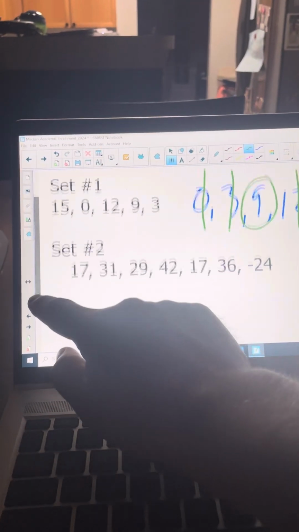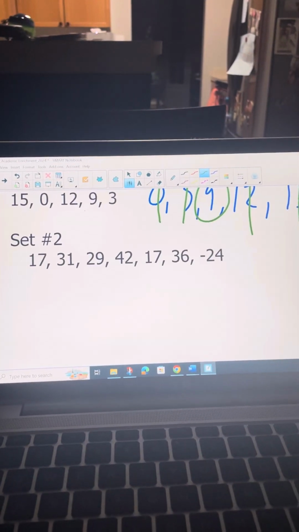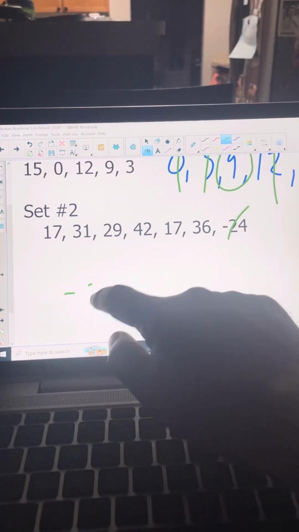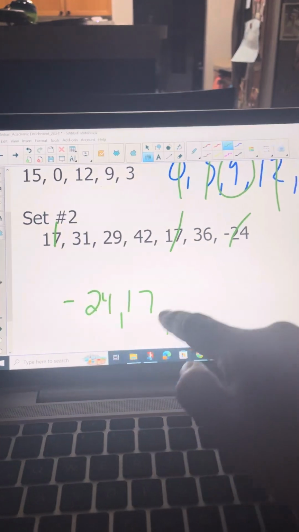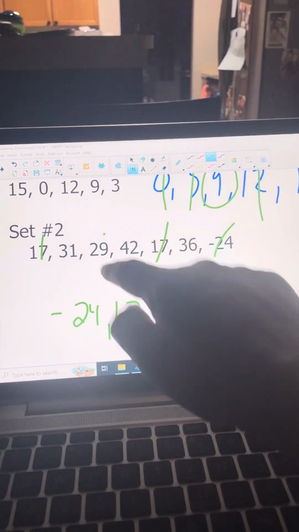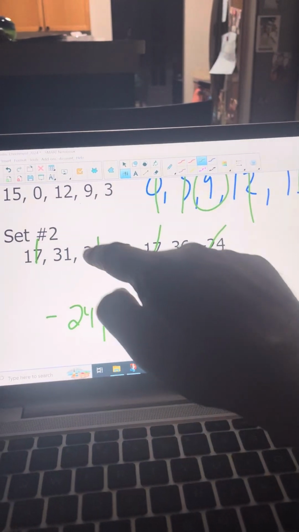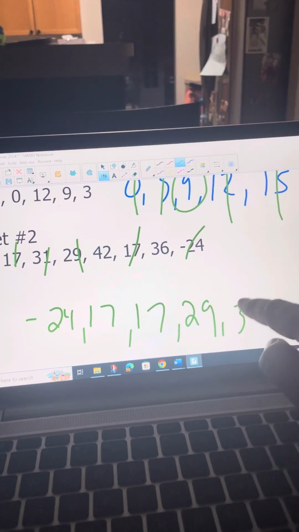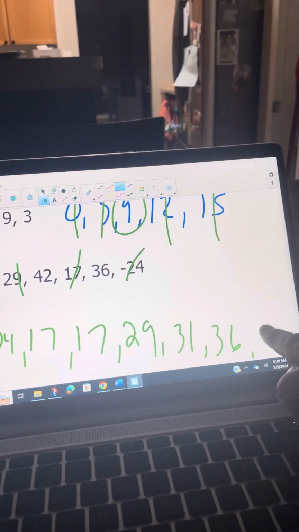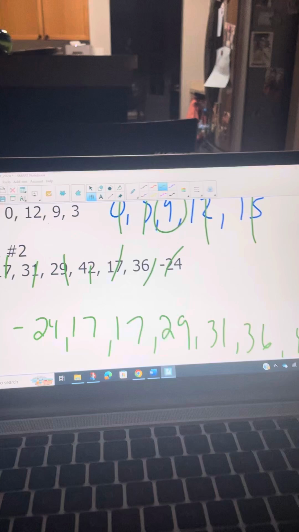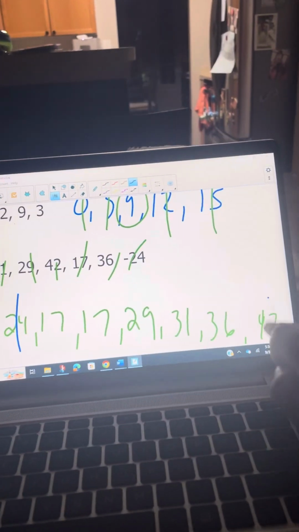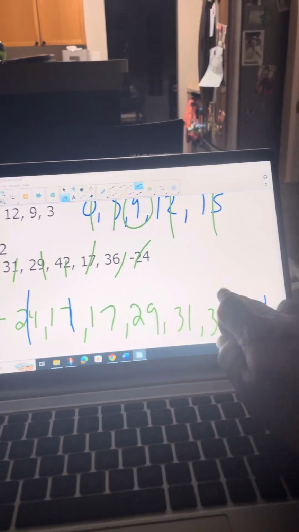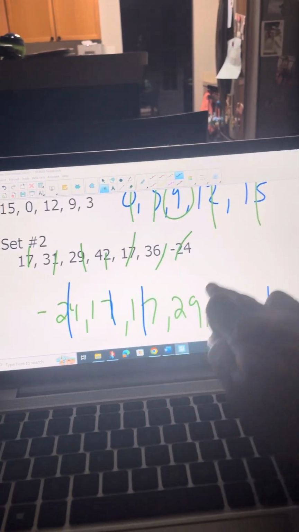In this bottom set, when I put these least to greatest, I have a negative number: negative 24, 17, 17, 29, 31, 36, and 42. When I start crossing these off, let's see what happens. One of the smallest, one of the biggest. Smallest, biggest. Smallest, biggest.